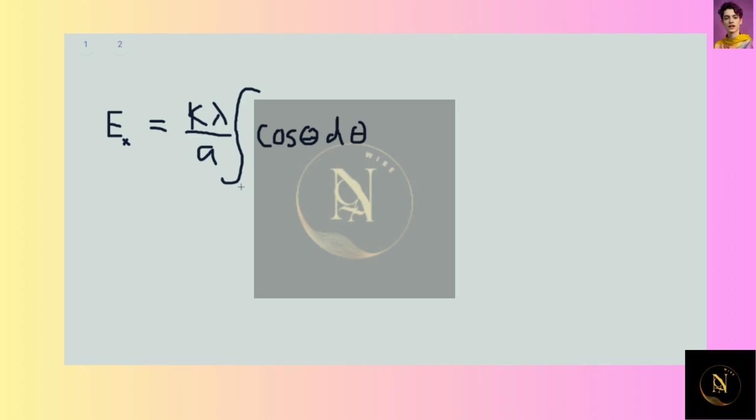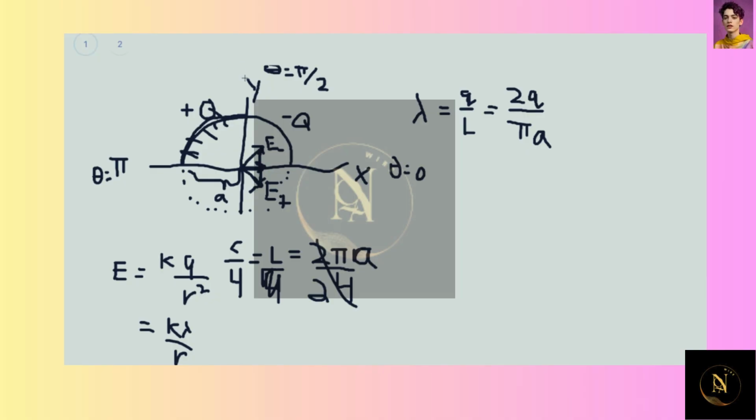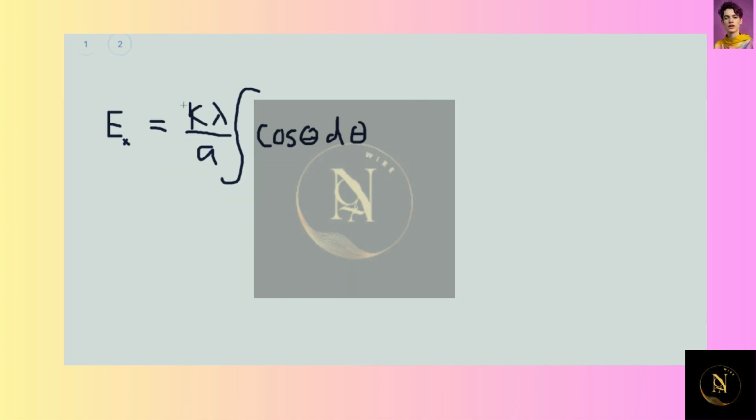Now if this is going to be our positive contribution, this is going to be from pi over 2 to pi, right? So this is what our integration bound would be, pi over 2 to pi.